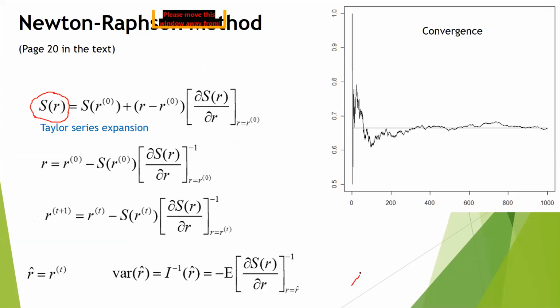So for example, let's say this is the likelihood function. Do you still remember this? Yes. Okay. Let's say this is R, right? So we want to find the best guess for R to maximize this likelihood function.